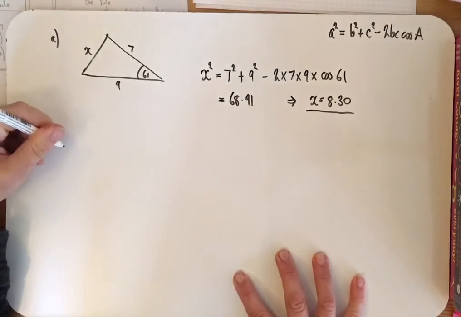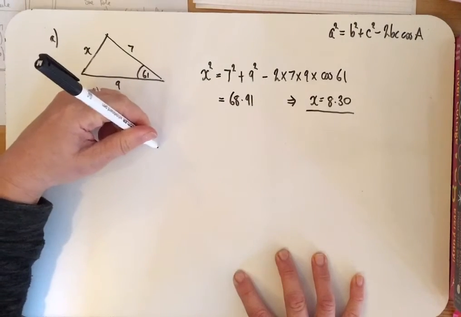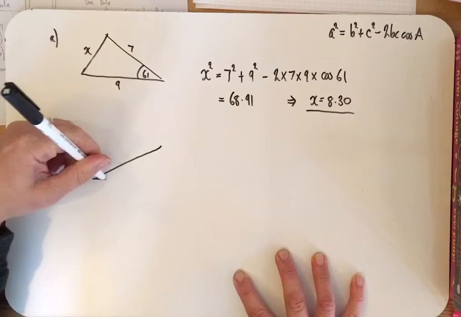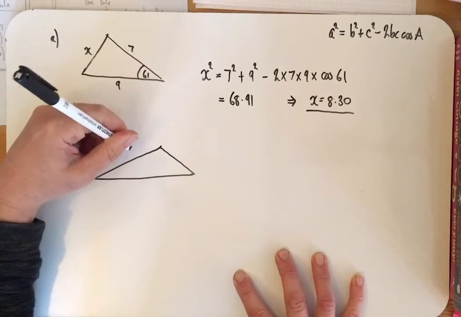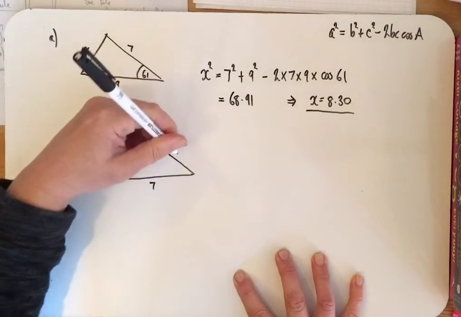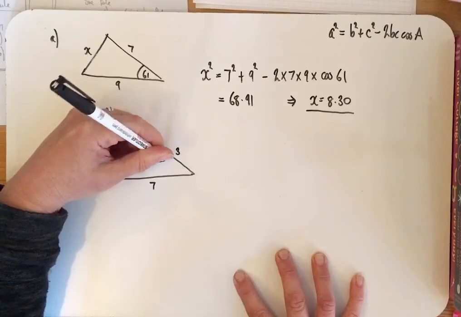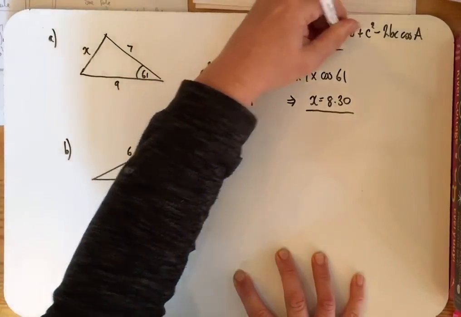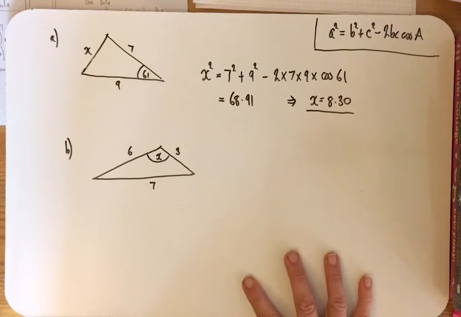Right, the other time you use cosine rule is when you have three sides and you want an angle. You could rearrange the formula if you wanted to. I tend to say plug in and then rearrange. I think you'll find that slightly easier.